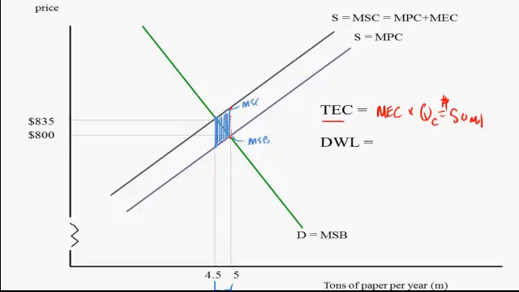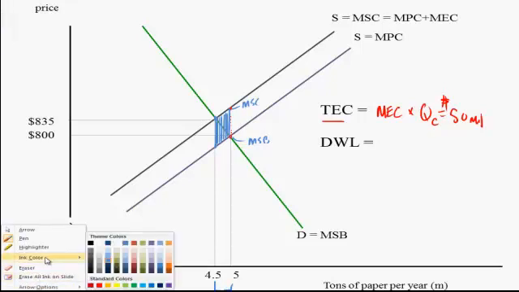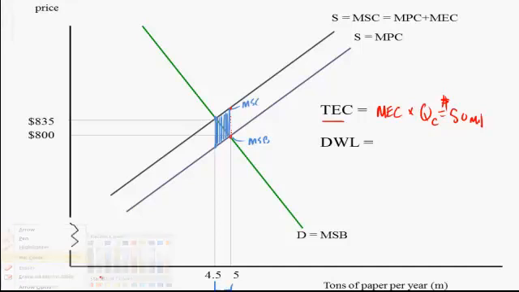That would be the total benefits that we would get by reducing pollution from 5 to 4.5 million. But remember I talked about how this is also going to result in 500,000 fewer tons of paper, resulting in lost jobs, maybe a lower standard of living, effects on the community, a shrinking of the economic pie. So those losses, as a result, have to be netted out of the gains of the reduced pollution.